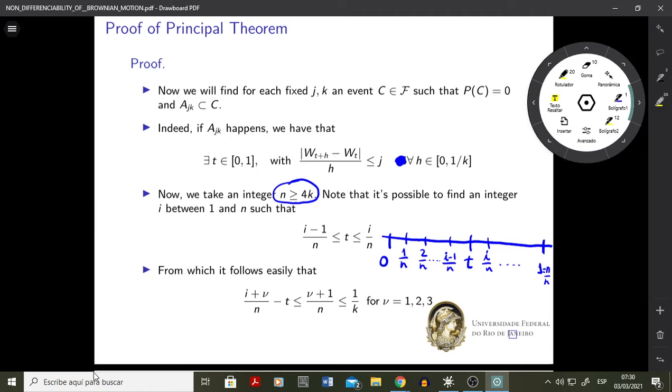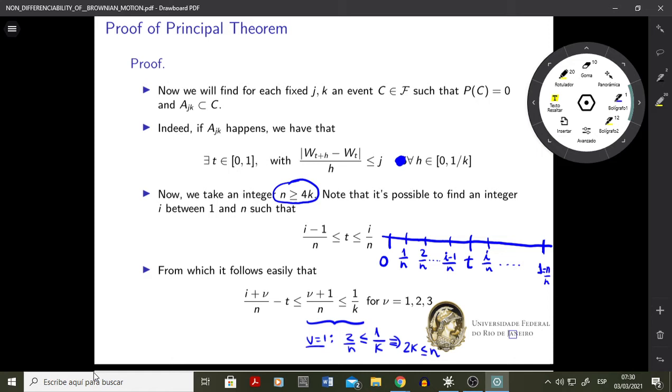This is obvious because, for instance, for nu equal 1, you have 2 over n less than this, and this 2k is less or equal than n.